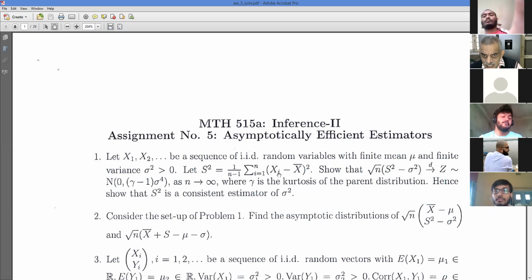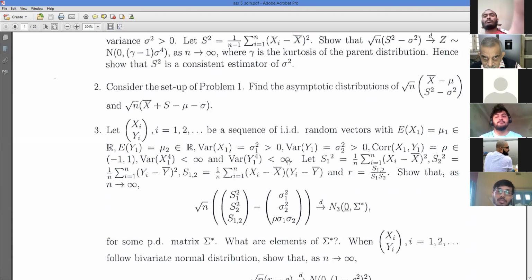So you have to convert this expression into xi minus mu whole square. You have to subtract here and add over here. Then the expression becomes 1 by n minus 1 summation xi minus mu whole square minus n by n minus 1 x bar minus mu whole square.